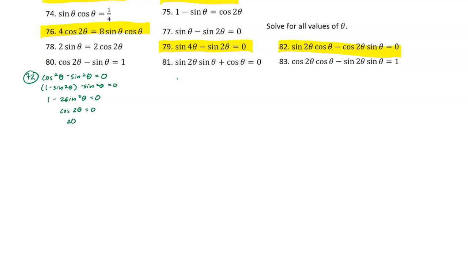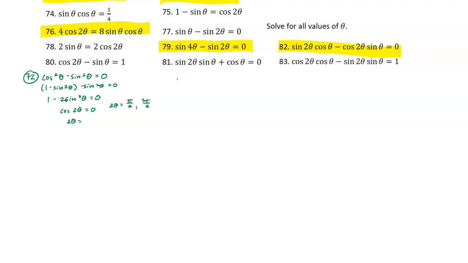And I could take 2 theta and see where x equals 0. The only place where 2 theta is going to be is pi halves, and cosine is 0 at pi halves and also 3 pi halves, right? X is 0.